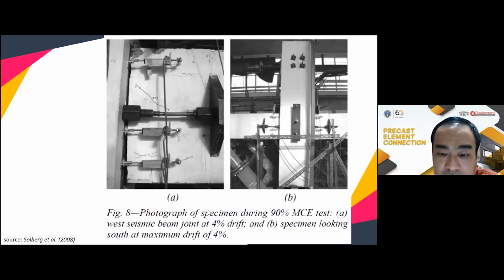The 4% drift already represents the 90% of maximum considered earthquake. As we can see, the damage is very little in the beam. There are some small cracks here. And for the columns, we can hardly see any cracks. So the column still looks healthy.